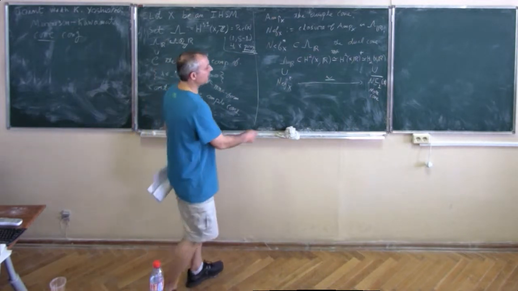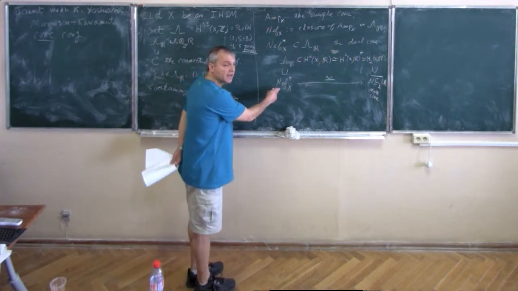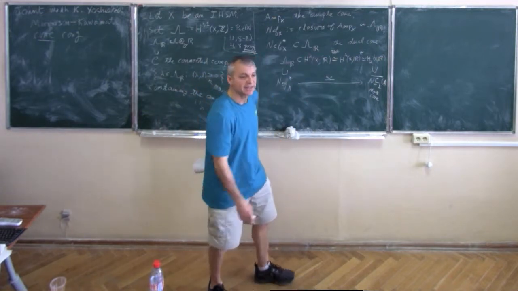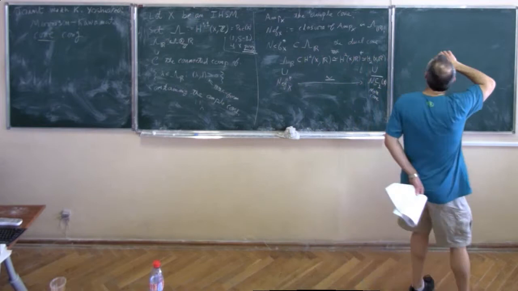So I'm going to define extremal classes here. This will correspond to extremal rays in the Mori cone. Okay, so definition.